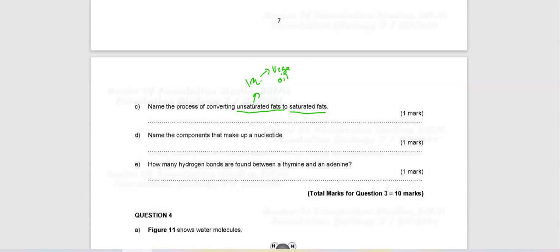Okay, so as you know, in the structure of triglyceride, the fatty acid molecule has a double bond between the carbons. So it causes the triglyceride molecule to be bent, or it has a kink.